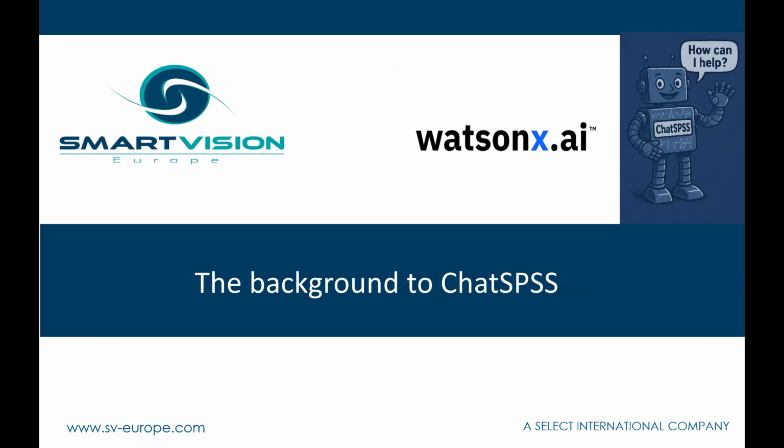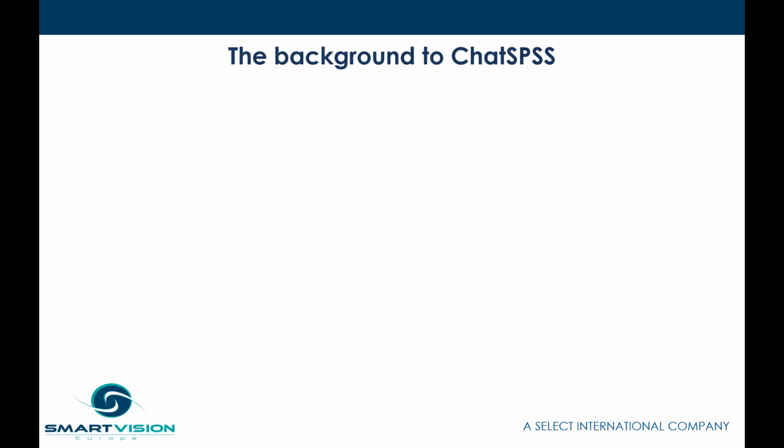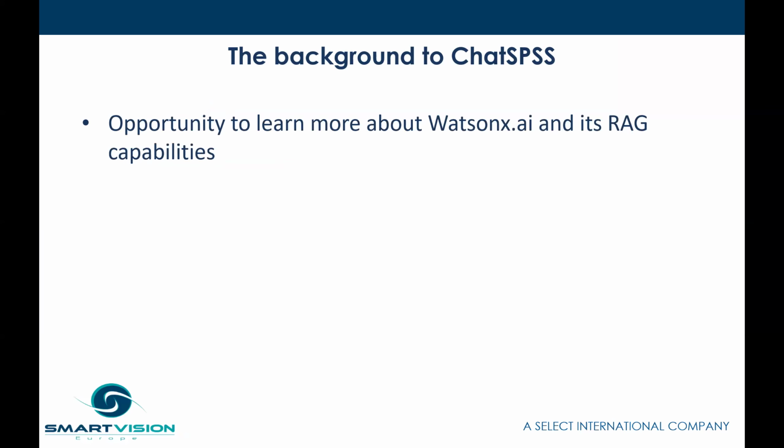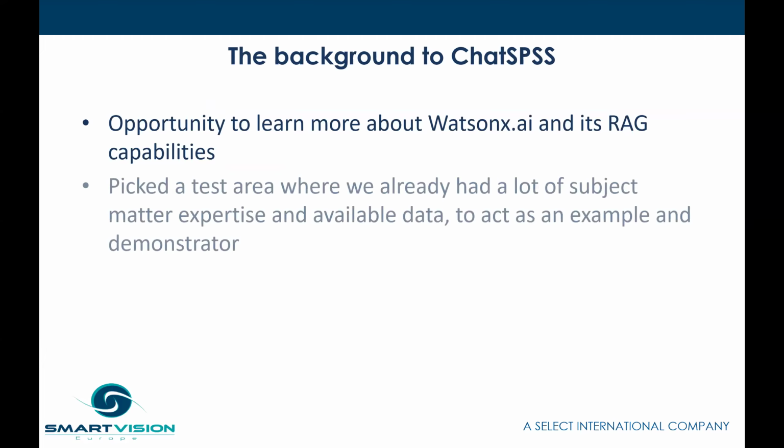Okay. So before we get into that and show you how to do that, let's just start at the end point and talk about our own RAG solution internally, which we tongue in cheek called Chat SPSS. The background of Chat SPSS was we wanted to learn about WatsonX.ai internally and have a project to experiment with. We wanted to learn particularly about the RAG capabilities of that platform. So we picked a test area where we already had a lot of subject matter expertise, which is the SPSS technology stack.